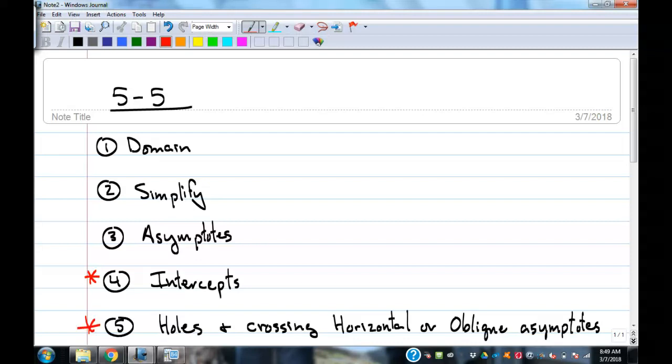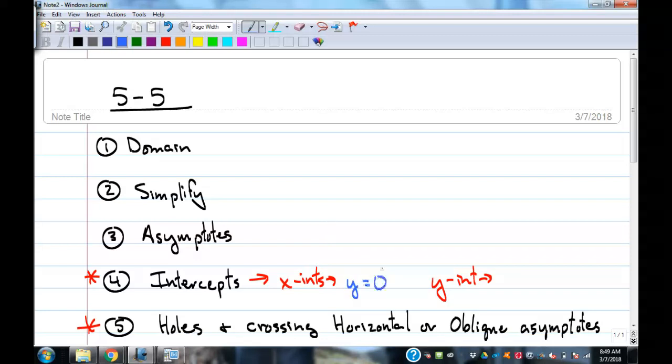Finding intercepts. What kind of intercepts can we have? X intercepts and Y intercepts. X intercepts, when do they happen? When the graph crosses the x-axis. So how do we find that algebraically?